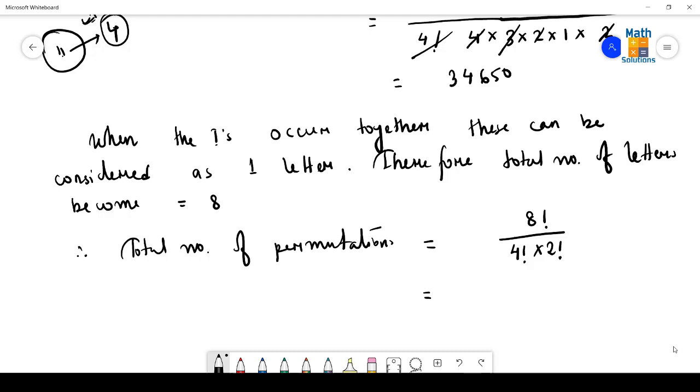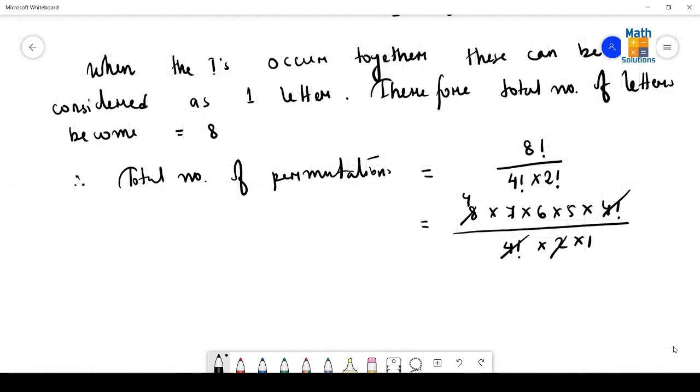Then our result will become 8 into 7 into 6 into 5 into 4 factorial divided by 4 factorial into 2 into 1. So 4 factorial gets cancelled. Then I get here 4. So after complete multiplication, let us check what we get. 6 5s are 30, 30 into 4 is 120, 120 into 7 is 840.